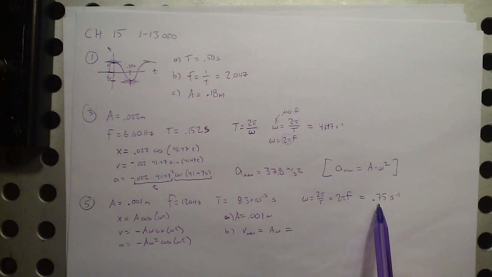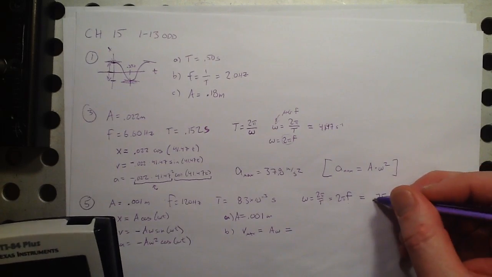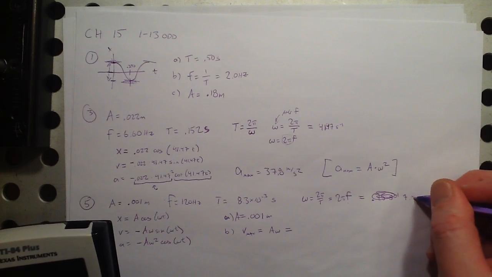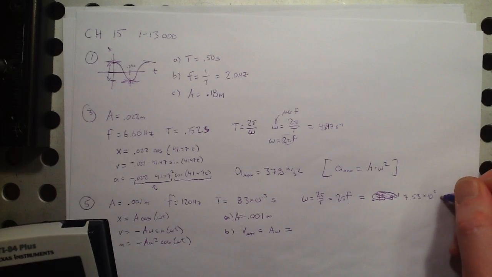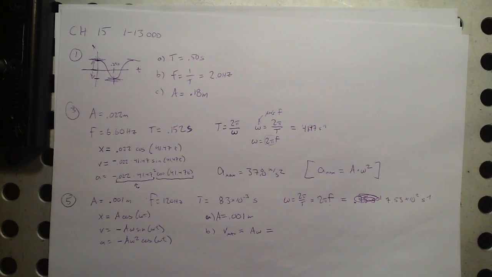Why did I get 0.75 here? Oh, sorry, I see what I did. 2 pi times 120 is not this, it's 7.53 times 10 to the second inverse seconds. Sorry about that, I had a number hanging around in my calculator.